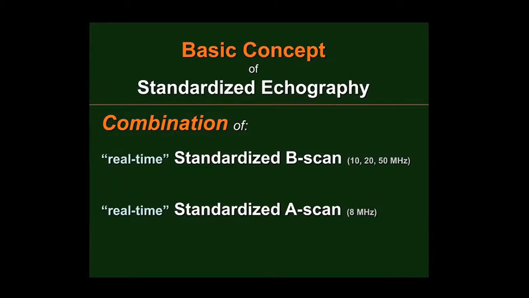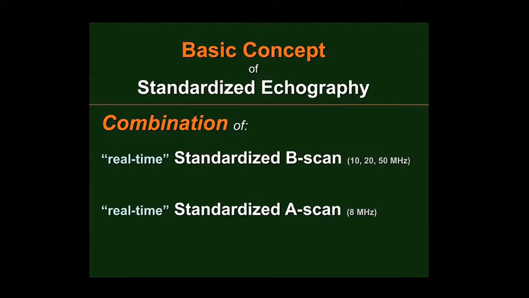It's an ultrasonic diagnostic method that has been developed for offering the fullness of capacities and diagnoses that are available for ultrasonography. Standardized echography is a combination of B-scan and A-scan, but the special thing is the A-scan.